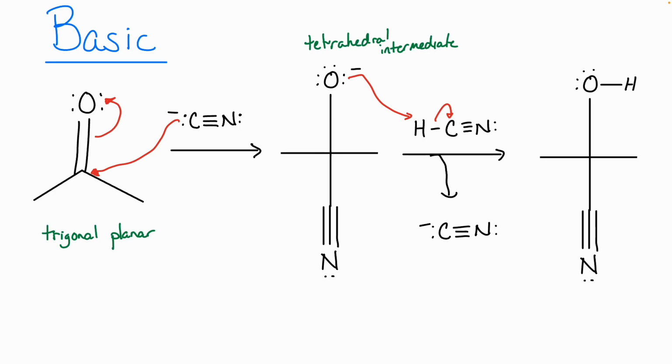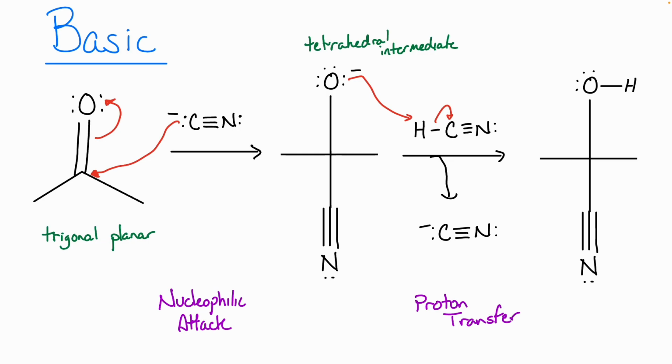So under basic conditions, our first step here was the nucleophilic attack. And then we did a proton transfer step. Our nucleophilic attack generated this negatively charged alkoxide ion. But that's okay, because this was under basic conditions.